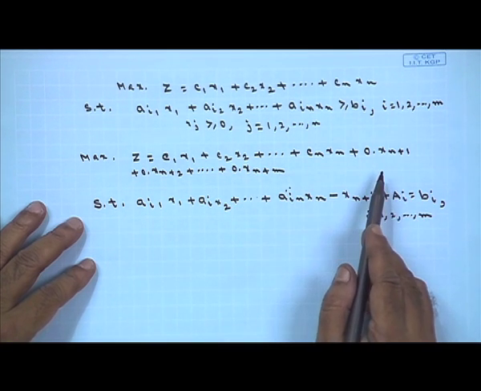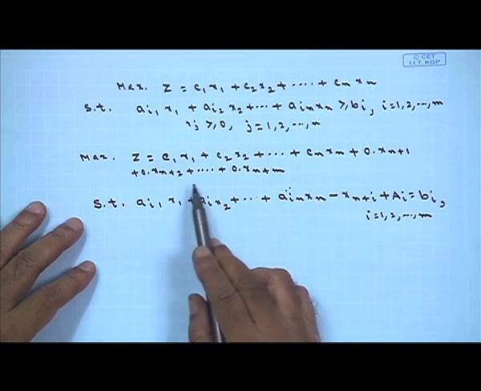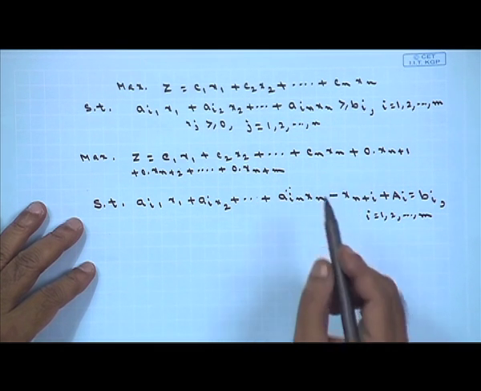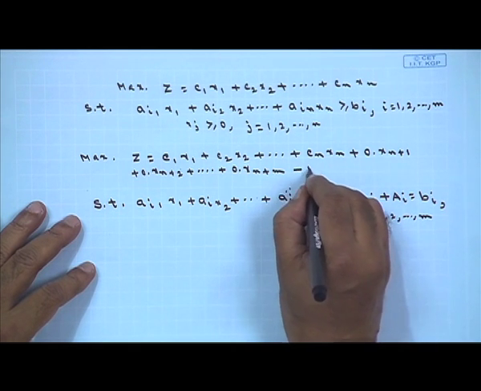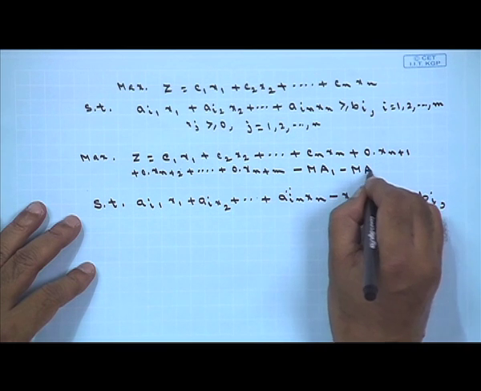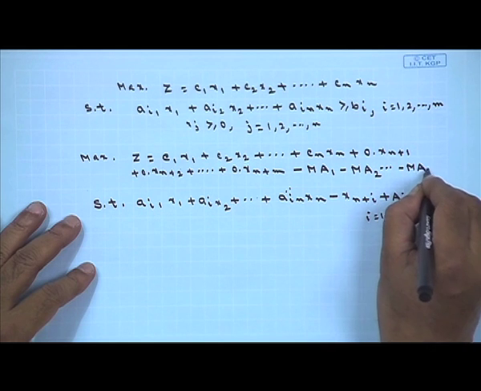These are the coefficients of the surplus variables, please note this, which is always 0, just like slack variables, and minus M into a1, minus M into a2, like this way, minus M into am.